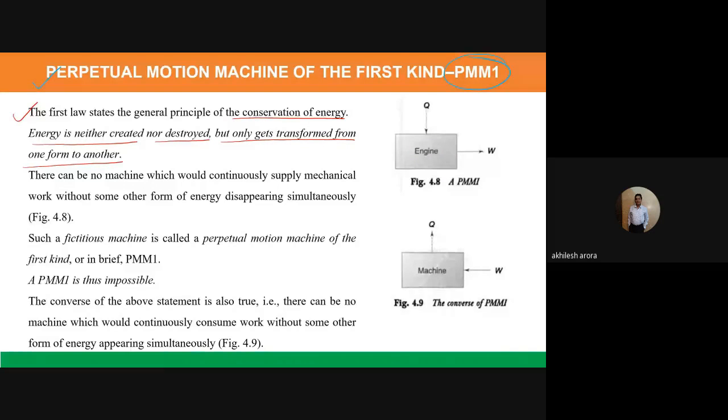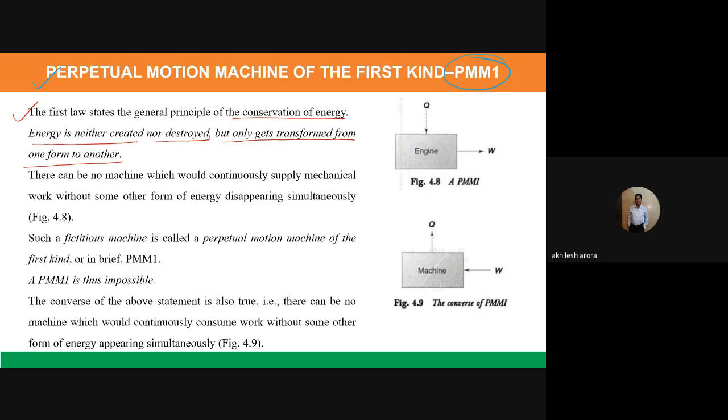Now let us see the statement of the first law of thermodynamics. Can there be any machine which can continuously supply mechanical work without some form of energy disappearing simultaneously? If you have a machine in which you are not giving any energy into the machine, but still it is giving work to us, there can be no such machine actually.